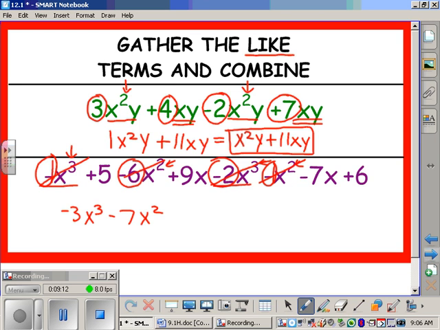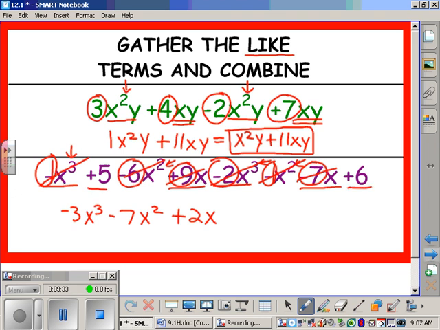After this, we would move to the terms that have an exponent of 1, which would be the 9x and the negative 7x. So adding together the positive 9 and the negative 7, we would get a positive 2x. Lastly, we can focus on our constants, which are 5 and 6.